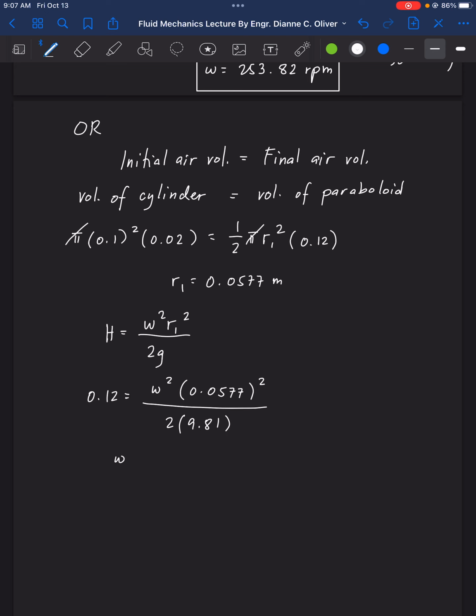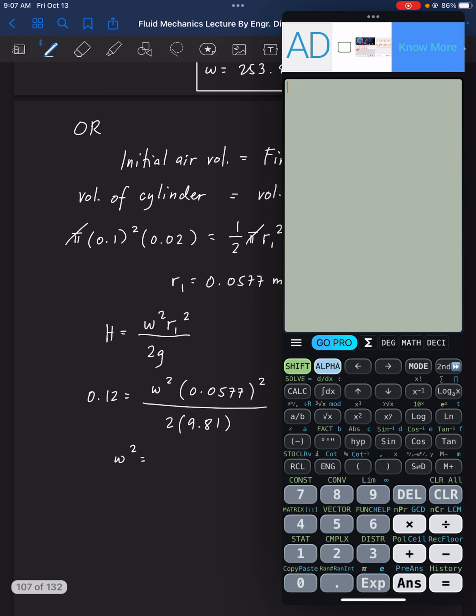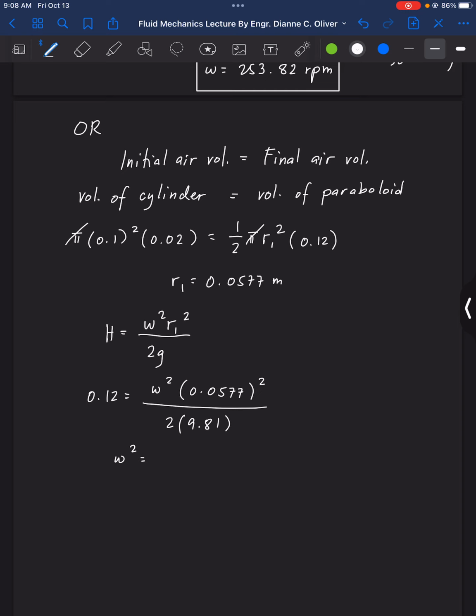So we have now omega squared, and omega is 26.59 rad per second.